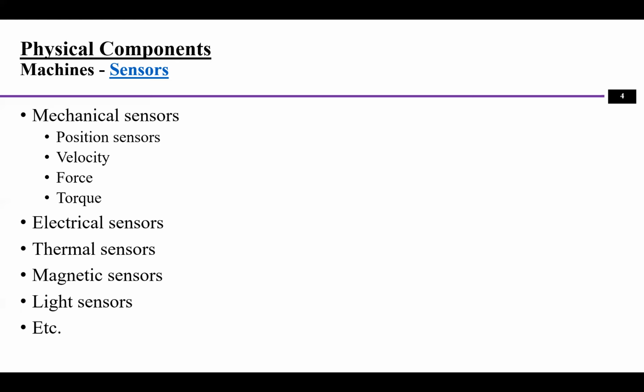What I will suggest you do is to search all these sensors, how they work, and in our assignment, we'll also give you different sensors, and you figure out how these sensors are actually designed, how they work, and what the applications are.